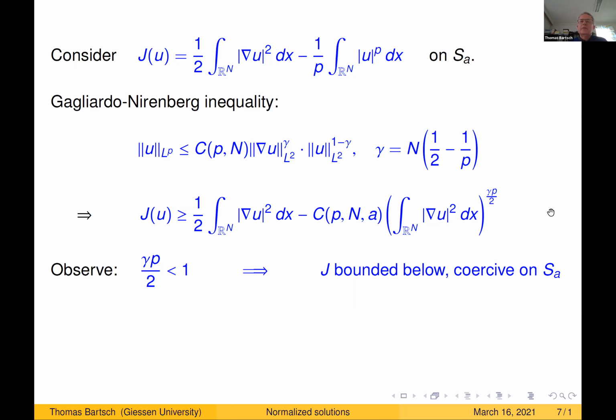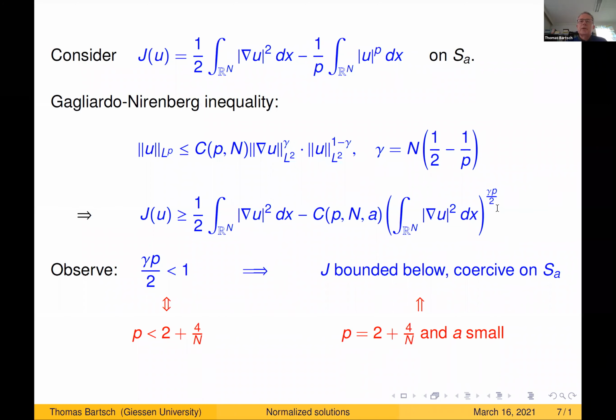So if γp over 2 is less than 1, then J is bounded below and coercive on this sphere, and you may try to minimize J. And this condition, γp over 2 less than 1, is in fact equivalent to p less than 2 + 4 over n.